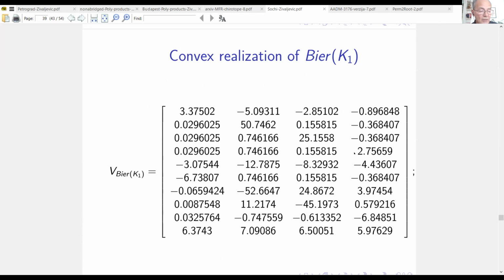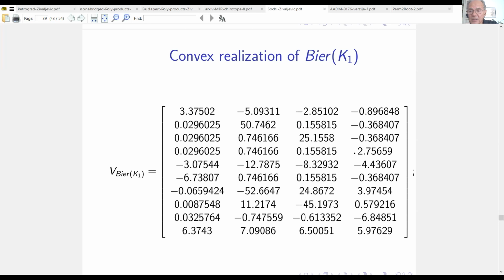Now we proceed using this convexification strategy, choosing appropriate points. We radially perturb and obtain a convex realization for the Bier sphere of K1. And we continue.